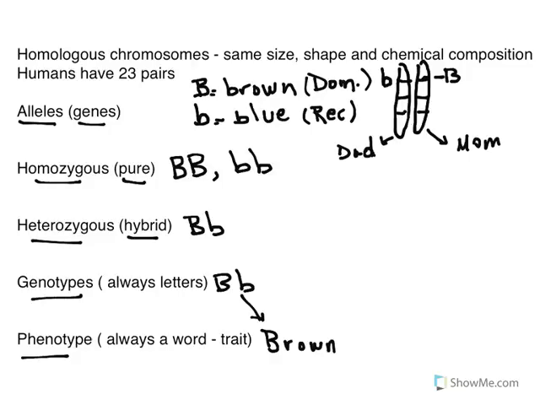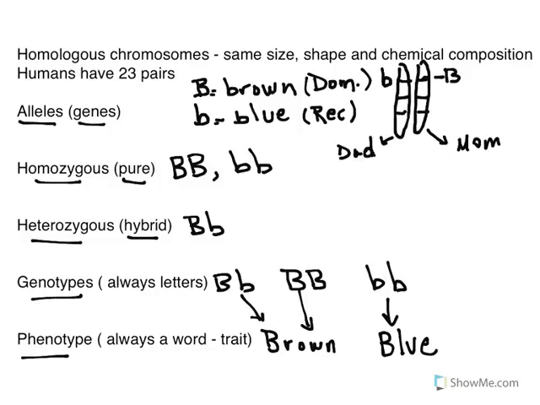So genotypes, always letters. Brown could be heterozygous, as we have here, or homozygous. This is also going to give you brown. The genotype for blue has to be homozygous recessive, and the phenotype for this condition, two lowercase b's, will be blue.